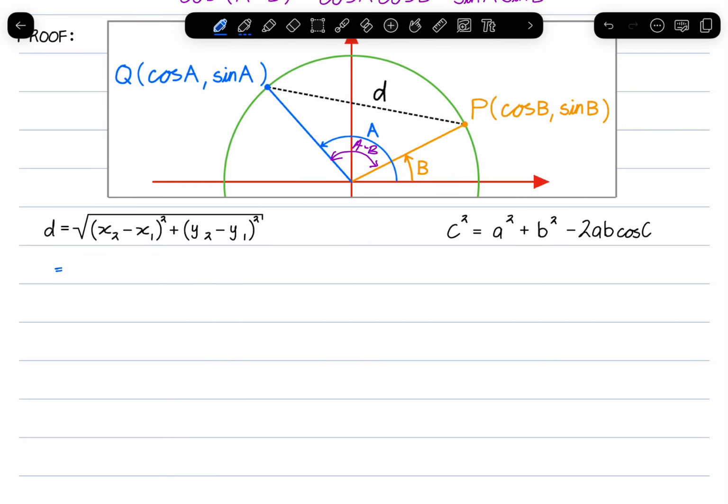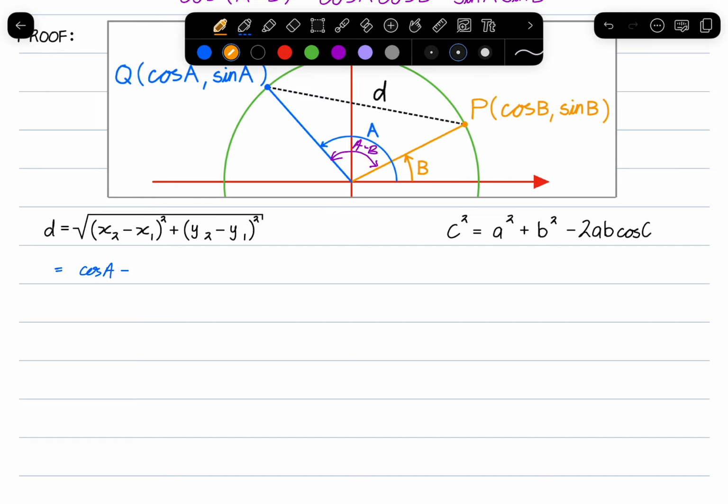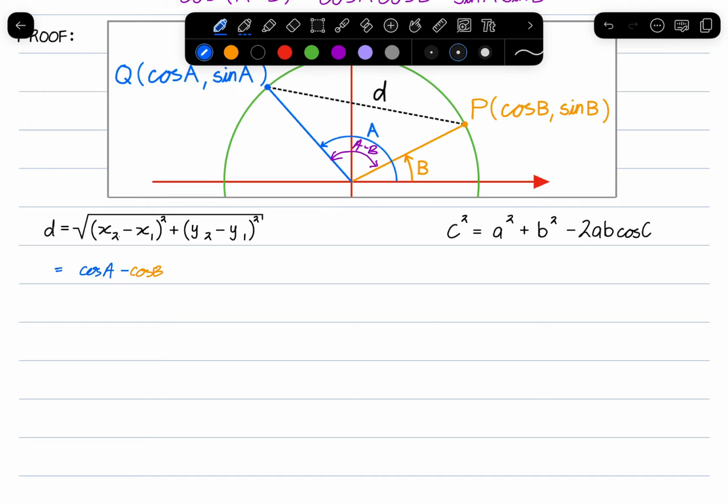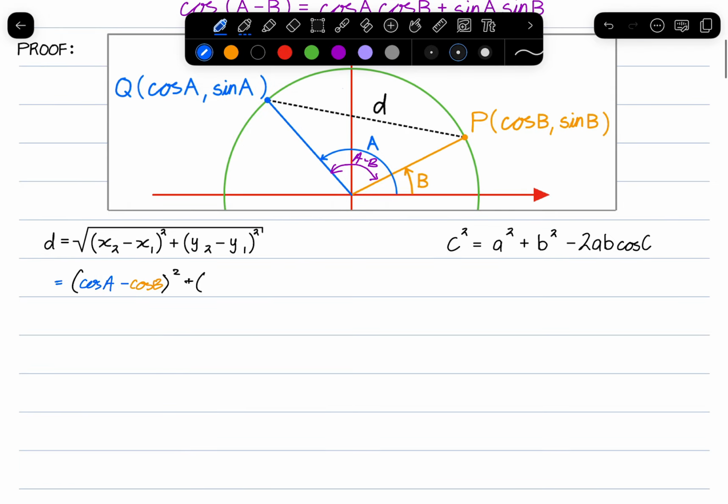For this, we're going to say that x2 and x1 are these. So it's going to become cos A minus, let me color code these, minus cos B all squared plus sine A's y2, so sine A minus sine B, that is also all squared, and we're going to square root all of that.